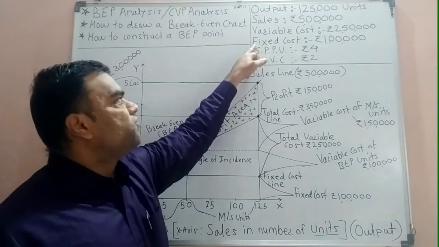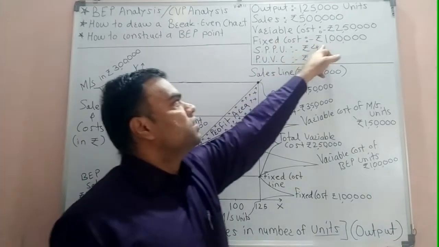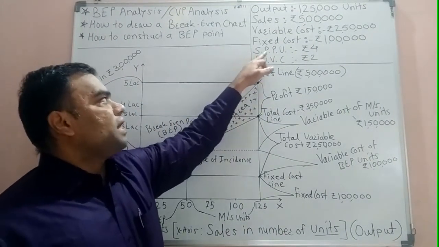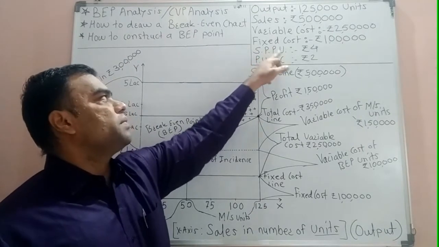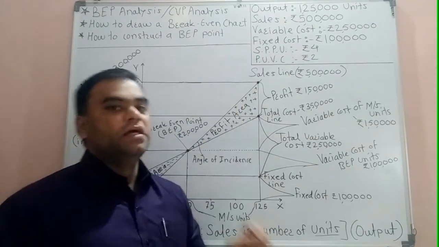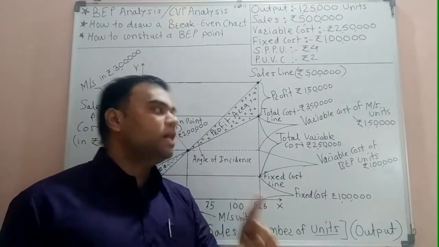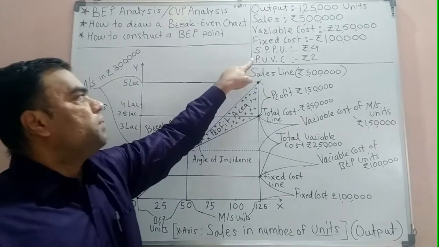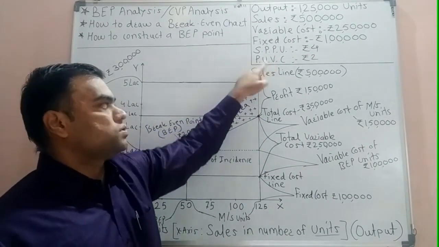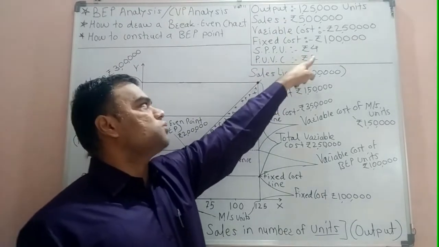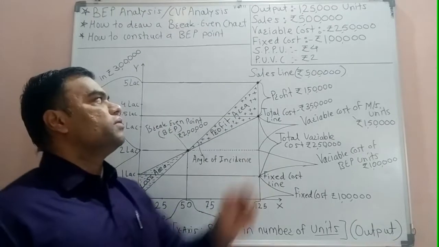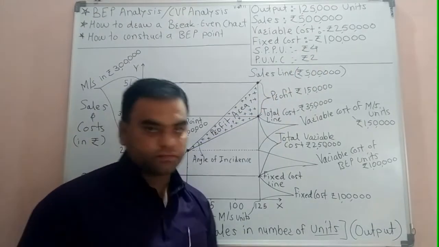Then the total fixed cost is rupees 1 lakh. Then selling price per unit, SPPU: the selling price of a single unit is rupees 4, and the per unit variable cost is rupees 2. That means the variable cost of making a single unit is rupees 2.